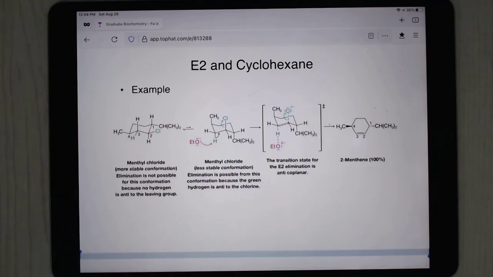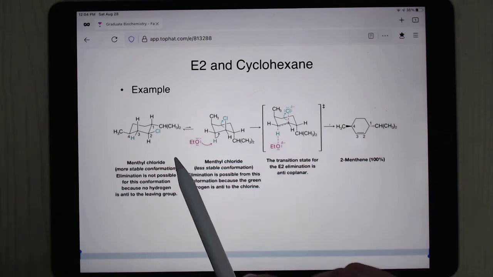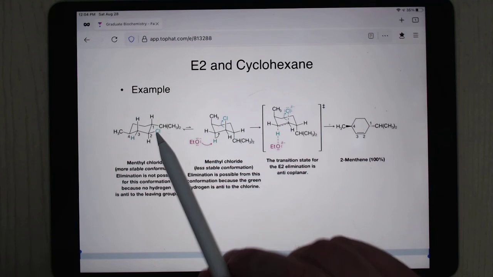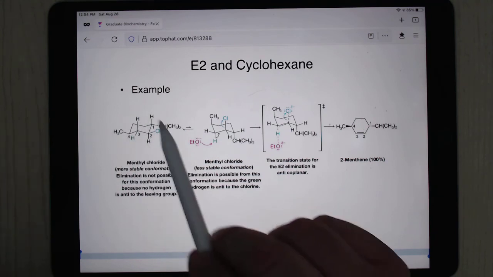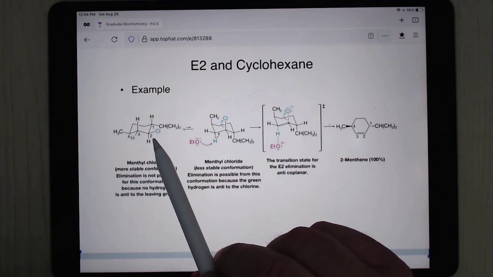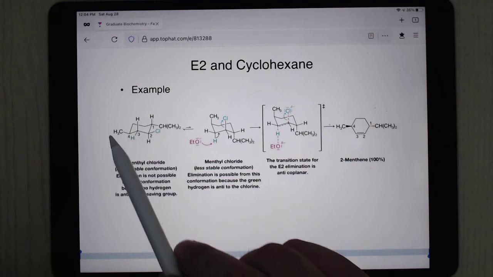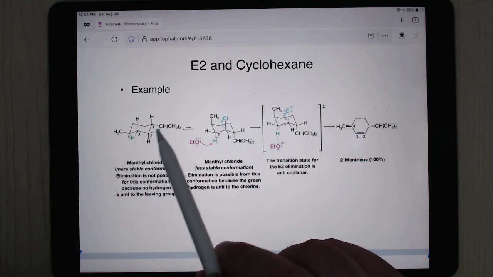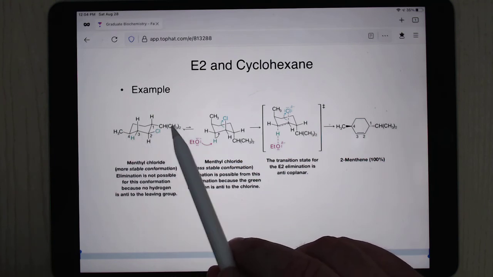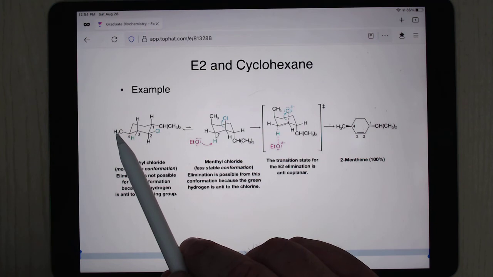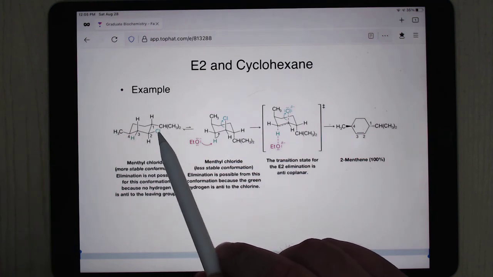With the methyl chloride, however, this is how it would want to go in the chair conformation, right? Everybody is equatorial. Okay, so this is down, that's up, that's up. But this one here, notice, is equatorial.